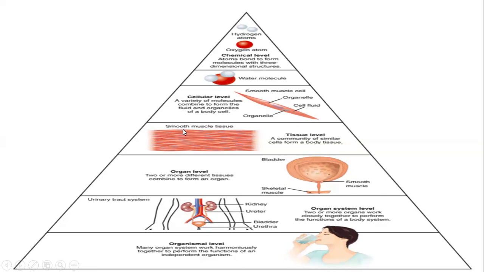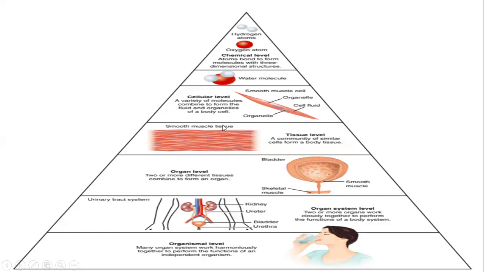Like here, if we are saying this is a muscle cell, this is made up of one muscle cell, another muscle cell on top of one cell, there is another one, and they build up what is known as a muscle tissue. Therefore, a community of similar cells forms a body tissue. This is just an example, but this is what happens in all other cells.